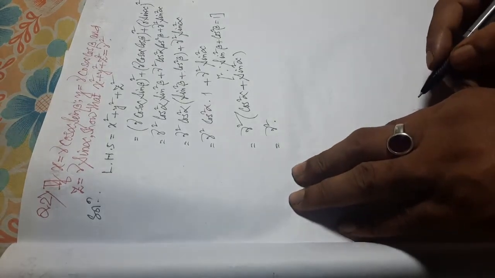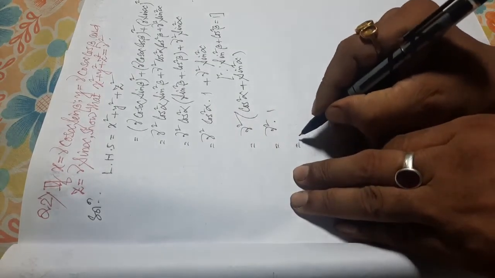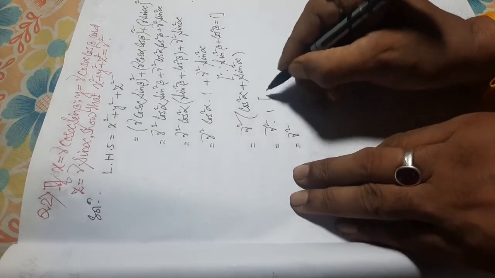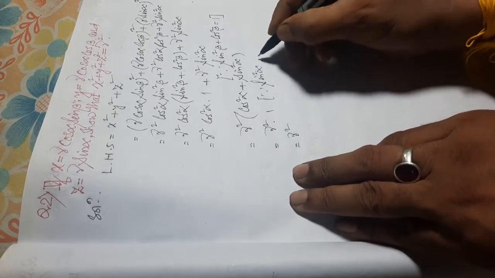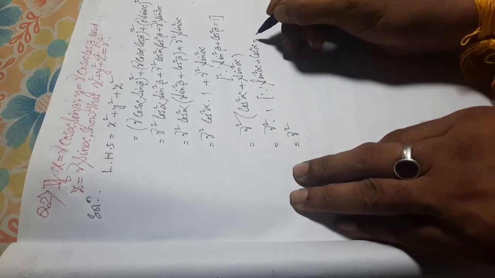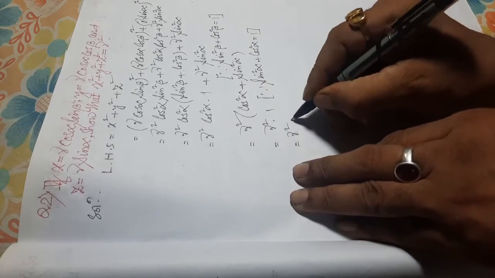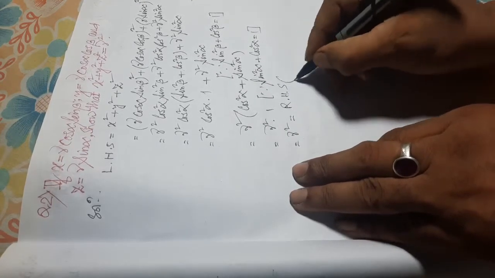Now cos square alpha plus sin square alpha is equal to 1, therefore gamma square is equal to right hand side. Root.